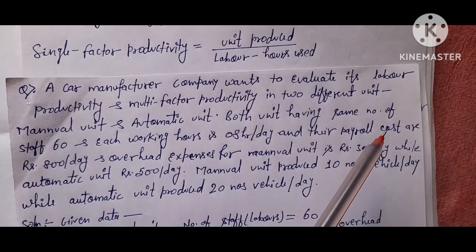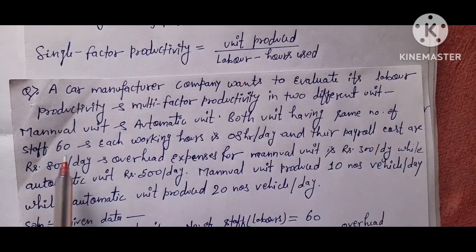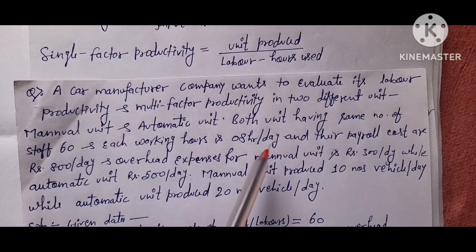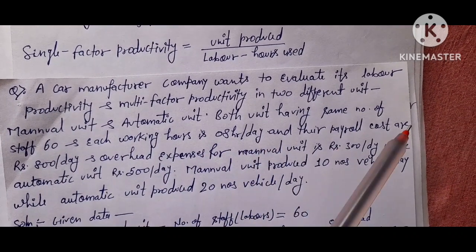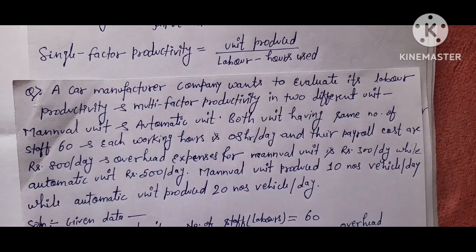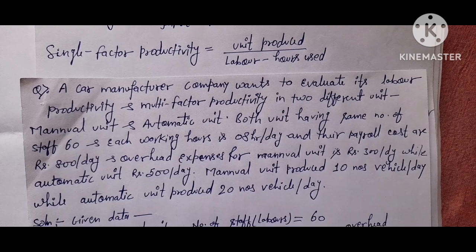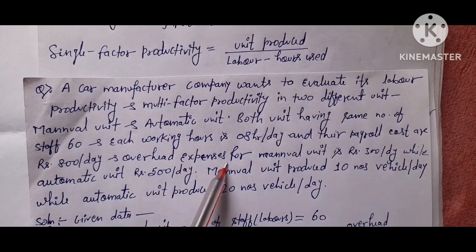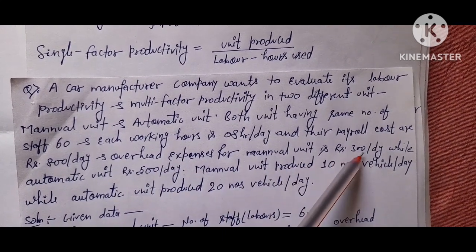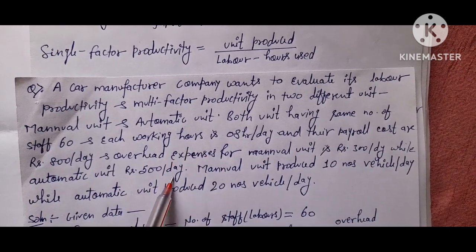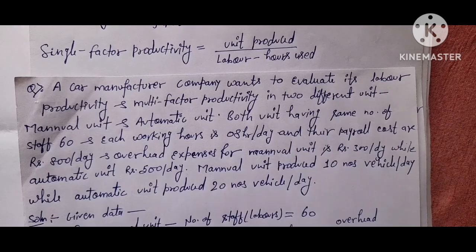Both units have the same manpower of 60, each working 8 hours per day, and each staff member has a payroll of 800 per day. Overhead expenses for the manual unit are 300 per day, while the automatic unit has overhead expenses of 500 per day.